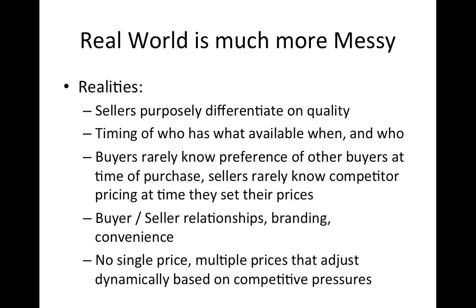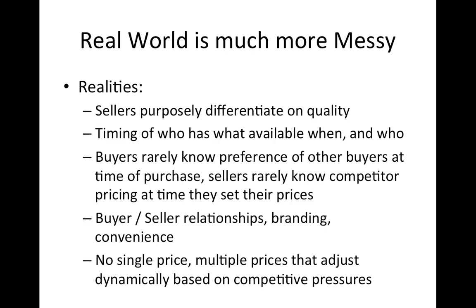Buyers rarely know what other buyers would be willing to pay at the time that they make a purchase. In almost every market, it becomes one of those things that says, well, I know what I'm willing to pay, or what my maximum is, but I don't necessarily know whether that's higher or lower than the typical buyer. And so I don't know whether, if I pass up on making this purchase, I'm going to get another opportunity to buy.